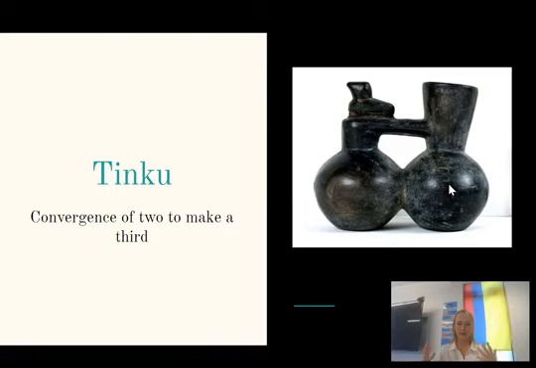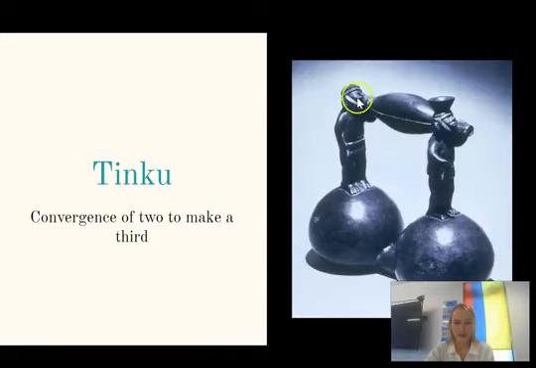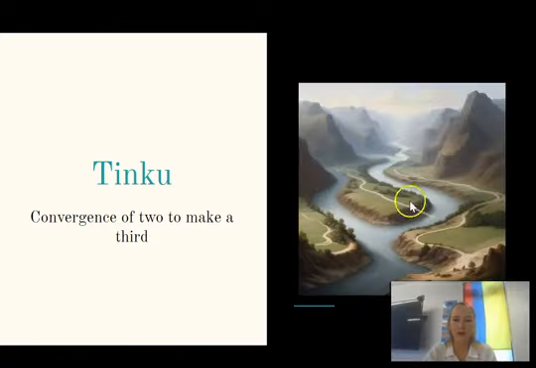It is similar a little bit to ayni, but it's specifically that point, or that relationship, where those two things converge and you have this third that creates harmony as well. This is another example of a double vessel with a stirrup spout, bringing the liquids from two together into one, creating something harmonious and better.